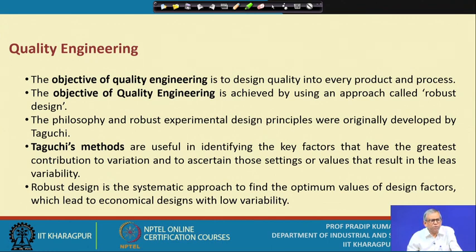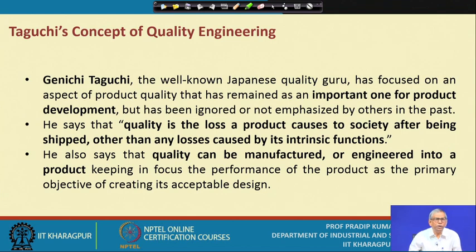So, Taguchi methods are actually focusing on this particular aspect, and hence robust design is considered to be a systematic approach which he proposes to find the optimal values of the design factors leading to economical designs with low variability. That means the quality is to be maximized, but at what cost? So, make sure that the cost is also at the minimum level, and so also the variability in the product performance.